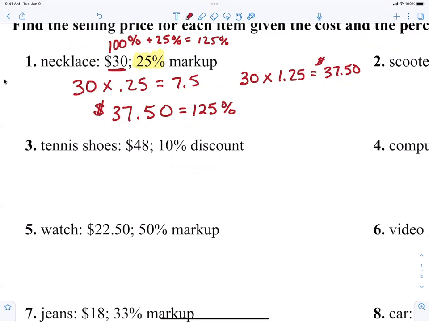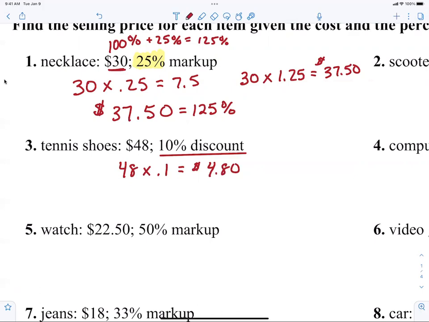I have a 10% discount. So how do I find the discount? What would I do, Mikey? Right, so I want everybody to do 48 times 0.1. And of course, we all know that's $4.80. Is everybody good with this?